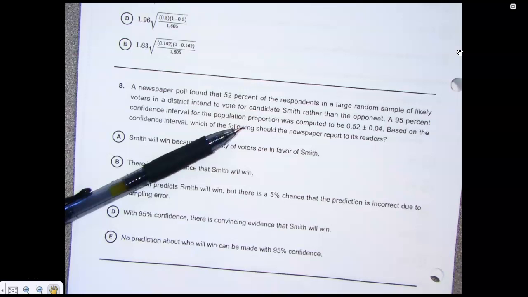But let's say that my confidence interval was 0.2 to 0.3. And then someone says to me, is it reasonable to assume the true population proportion is 0.28? What would you say? Remember, this is our attempt to capture the true population proportion.